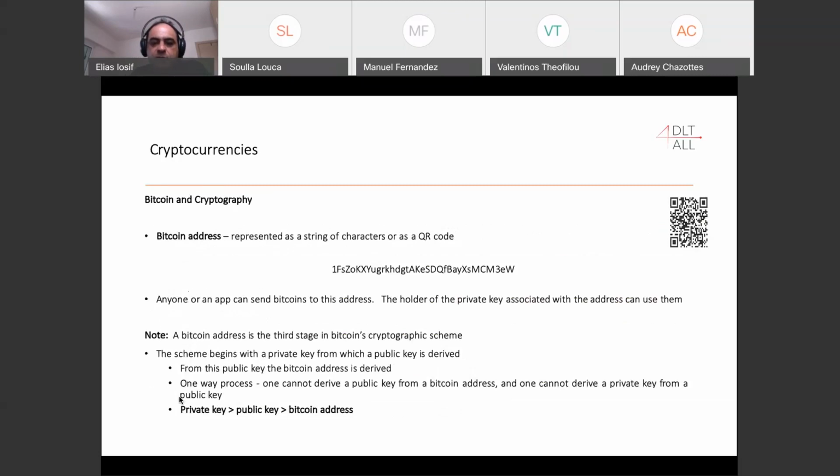And this is an example of how a Bitcoin address looks like. Based on this representation, we may have alternative encodings like the QR code and similar things. And of course, you can share this address with any transacting party for your transactions. Please keep in mind that Bitcoin blockchain is not fully anonymous. It's close to what we call pseudo-anonymous.